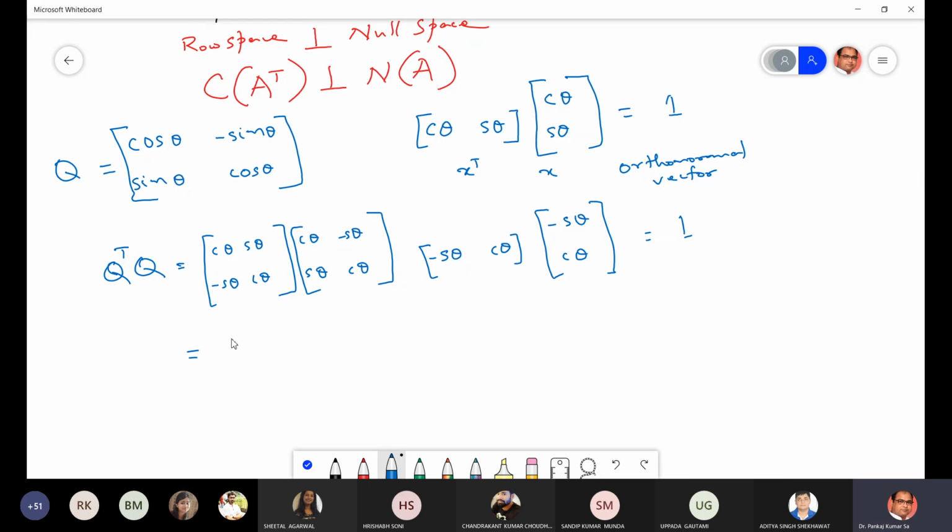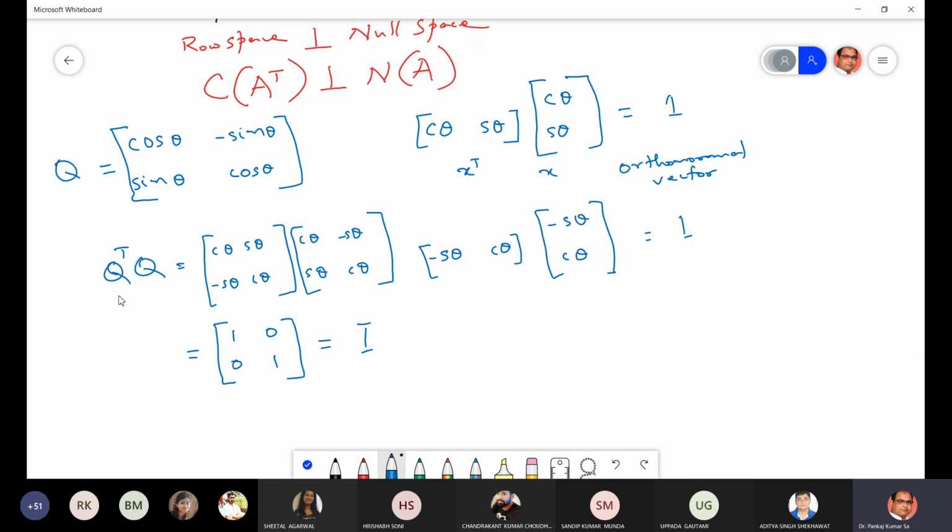So that is equal to 1, and this is 0, 0, 1, or so to say, this is equal to the identity matrix.